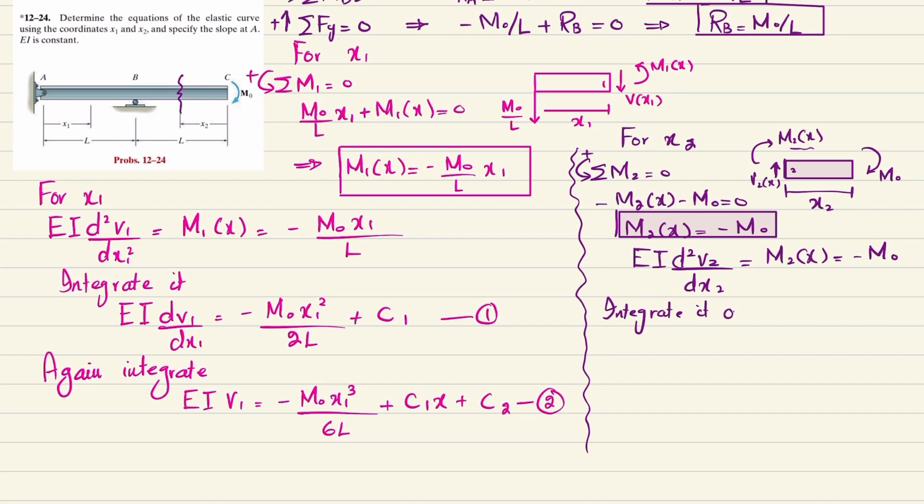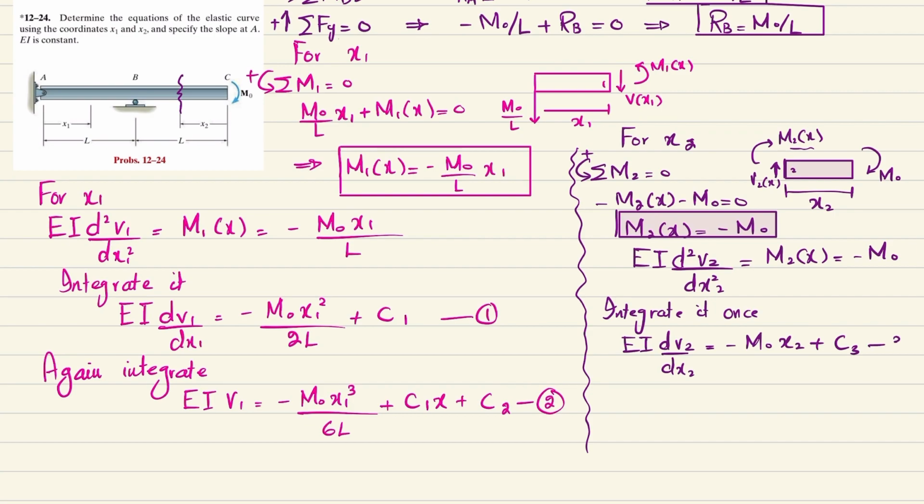You will get EI dv2 over dx2 is equal to minus m naught x2 plus C3.